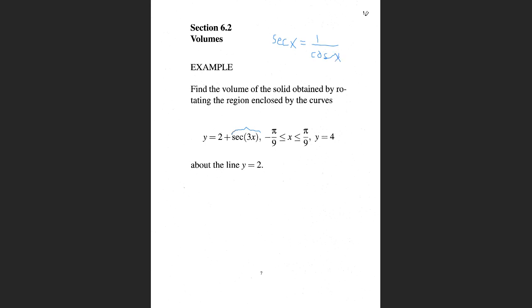Okay, so for instance, the TI calculator doesn't have a secant button. So what you'd have to do is graph two functions. The first one would be y equals 2 plus 1 over the cosine of 3x. And then you can limit your domain here, right?